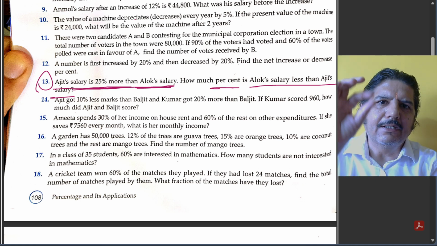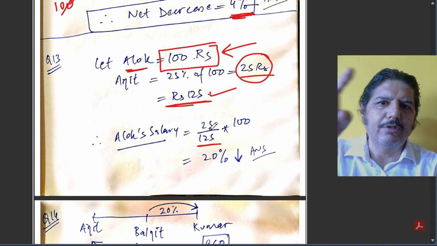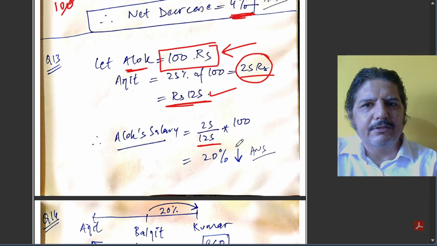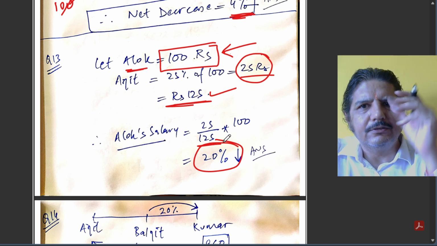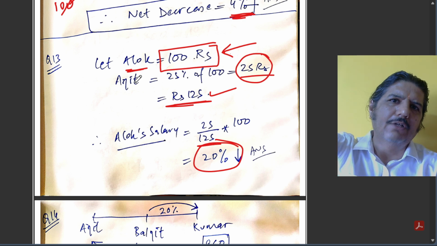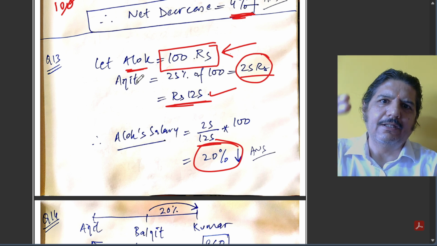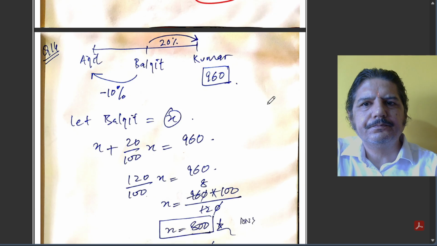So the decrease would be as a percentage of Ajit's salary. So 25 upon 125 into 100. If you calculate this, this will be 20%. So Alok's salary is 20% less than Ajit's salary. See, Ajit's salary is 25% more than Alok's salary, but with respect to Ajit's salary, Alok's salary is 20% less. Hope you are able to understand.